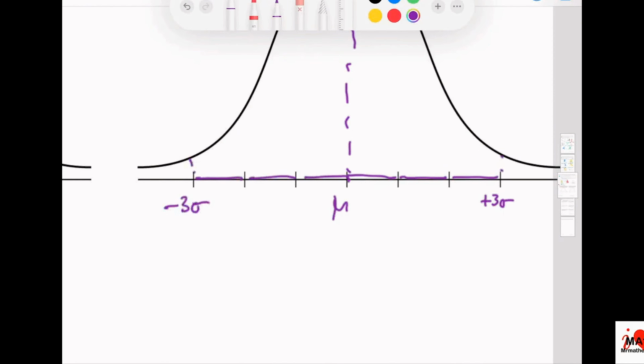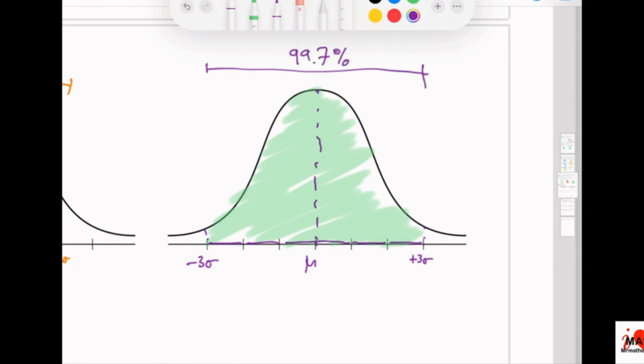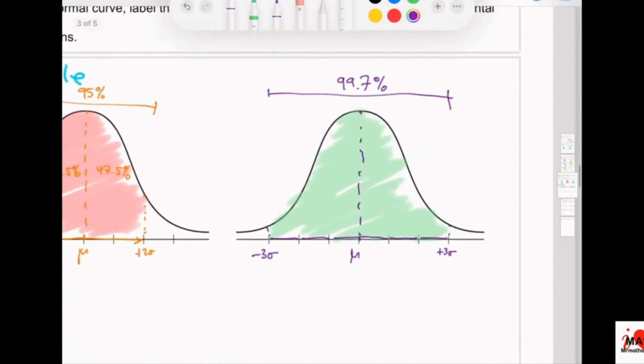Basically up here. Let's shade that in some kind of color here. Let's choose green. So everything in green, this here represents 99.7%. So again, the empirical rule is 68, 95, 99.7.